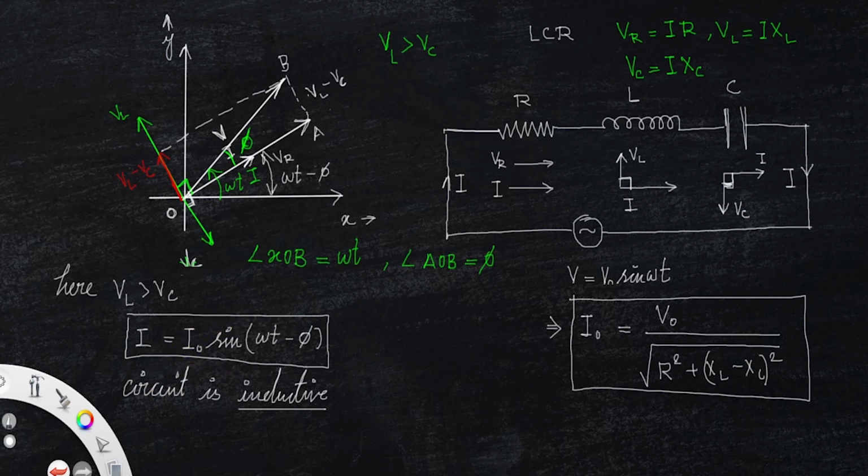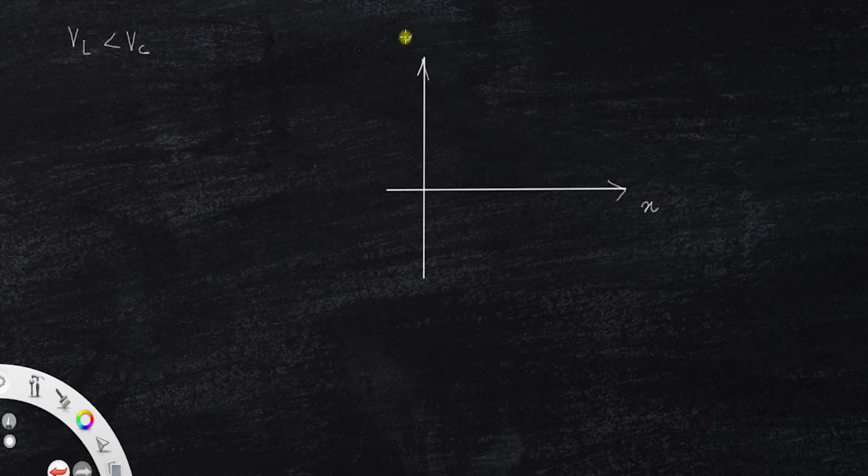Now, in our second case, what happens when VL is less than VC? So let me draw the phasor diagram again. This is x-axis, this is y-axis.